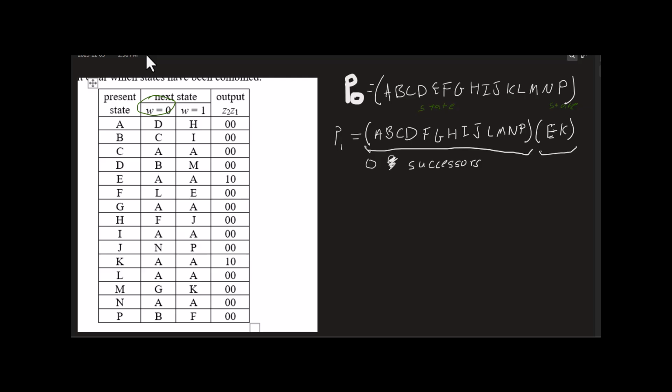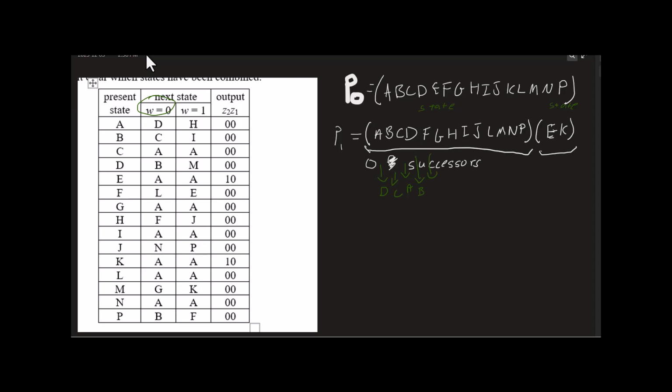So for instance, A's next state when W is 0 is D. B's next state is C. C's next state is A. D's next state is B.